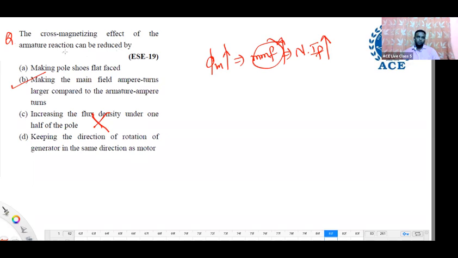That's why if you make pole shoes flat faced, that saturation may be reduced, but cross magnetizing will not be eliminated. Okay. Next question.